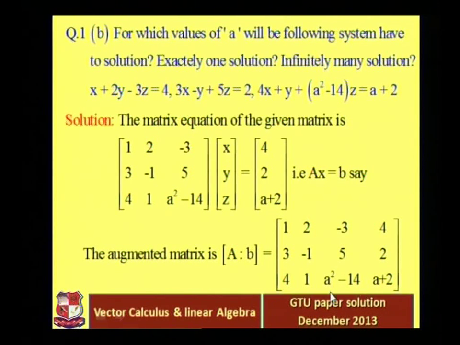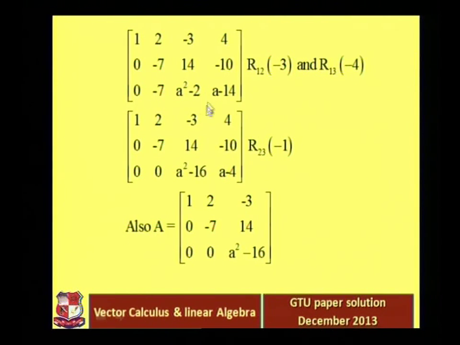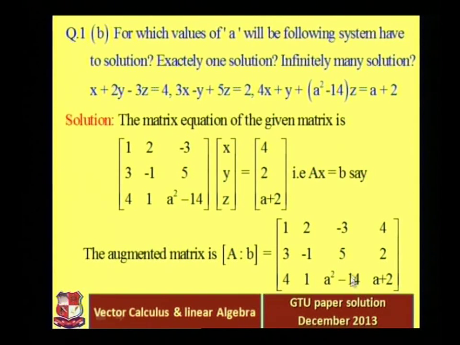Then a square minus 14 minus 4 into minus 3, so you will get a square minus 14 plus 12, so you will get a square minus 2.